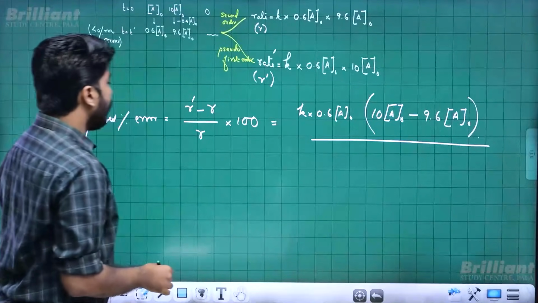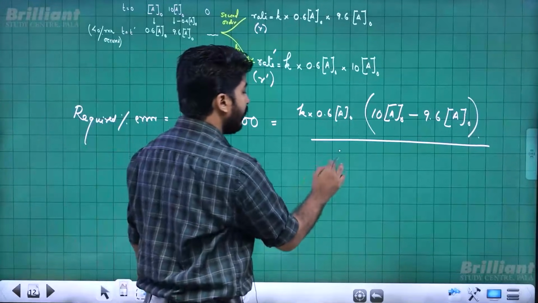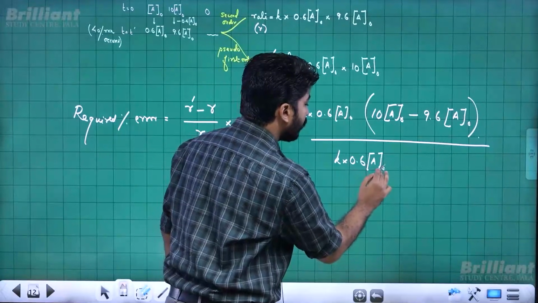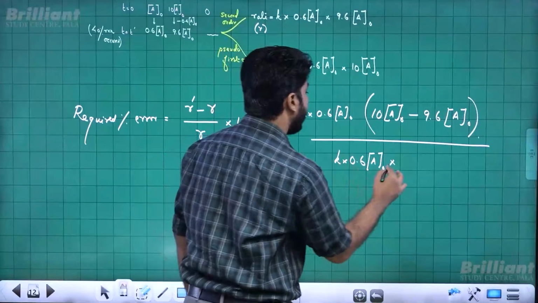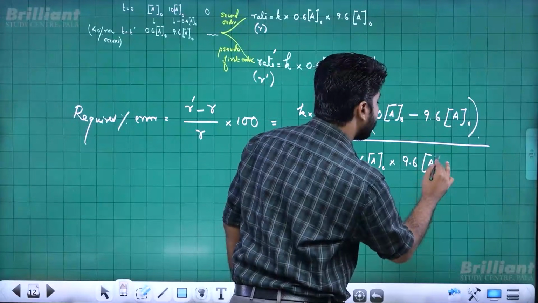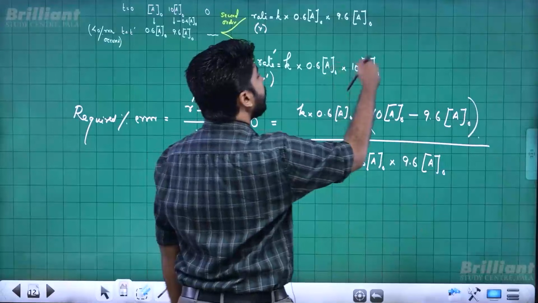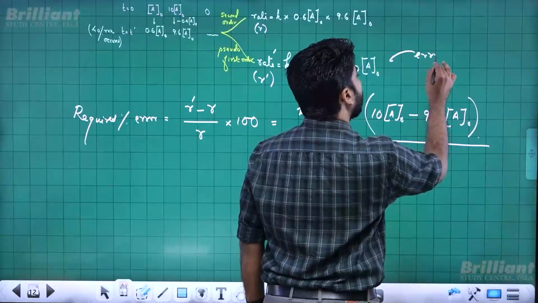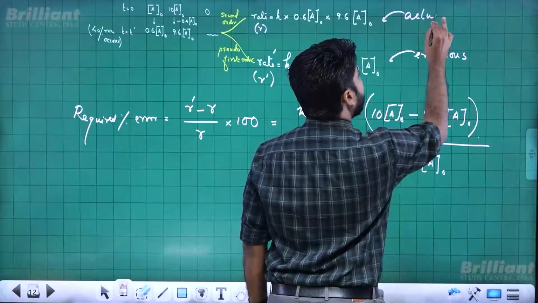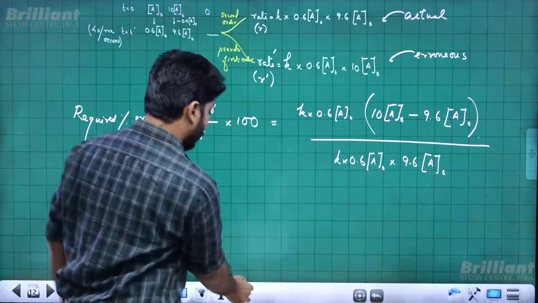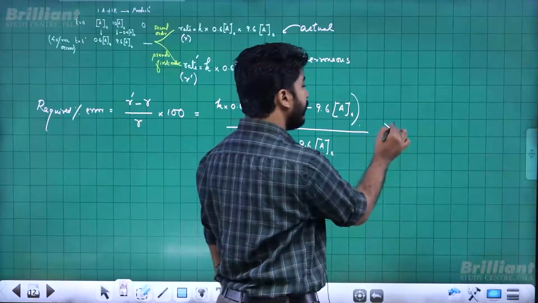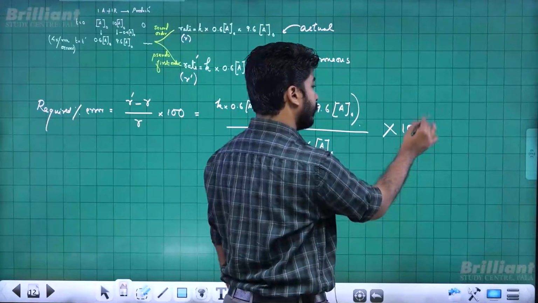The numerator is divided by R, which is again K into 0.6 A naught times the true value, that is 9.6 A naught. So this multiplied by 100 is the final answer.